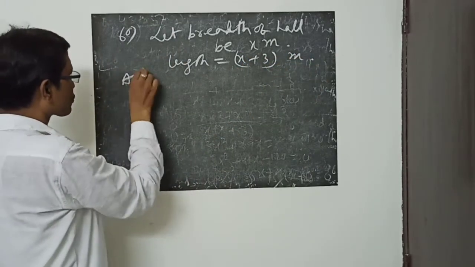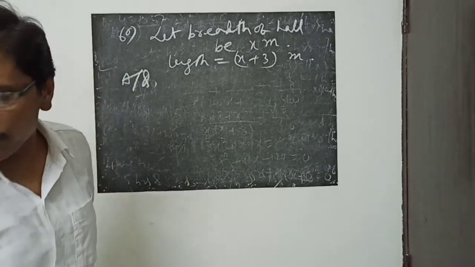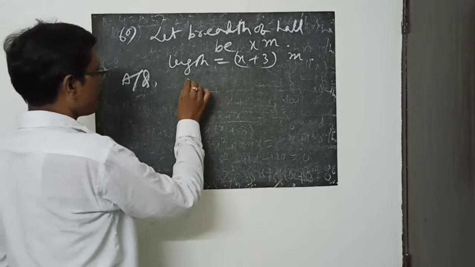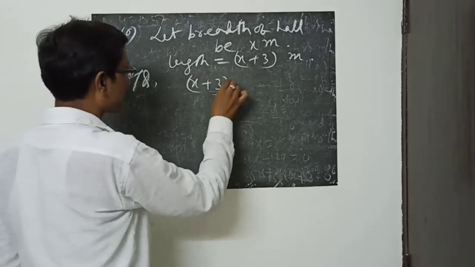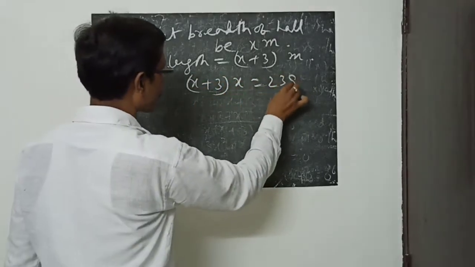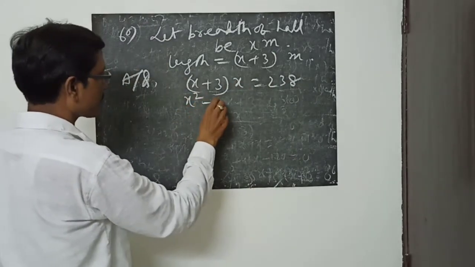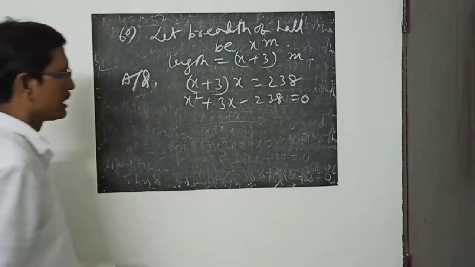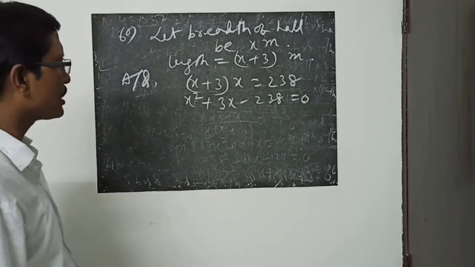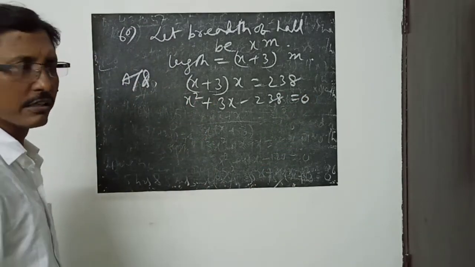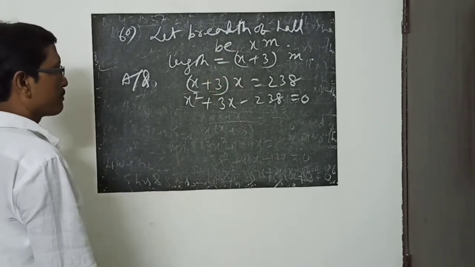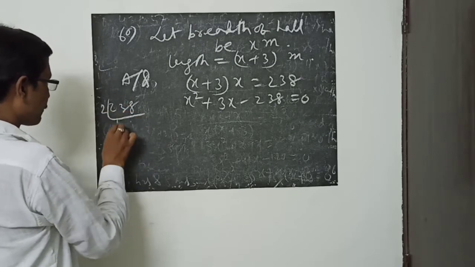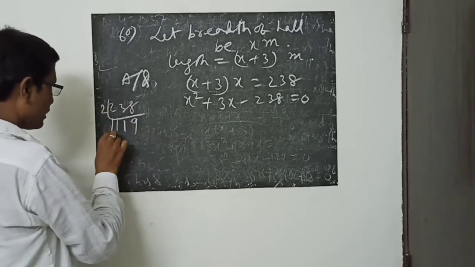So according to the question, the area is given as 238, that means length into breadth is equal to 238, or if you do the multiplication you will get x square plus 3x minus 238 equal to 0. Then you will be able to solve this equation and get the value of x, and that gives the length and breadth.